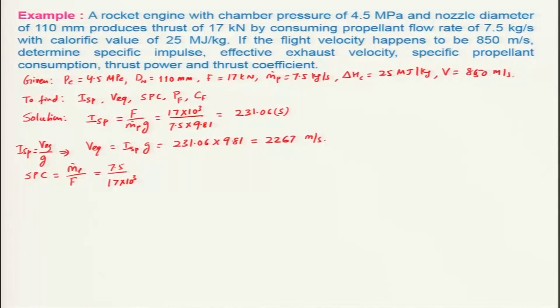That is one way of finding it, but there is another way: it is nothing but 1 over V equivalent, which is 1 over 2267, equal to 0.0004 kg per Newton second.